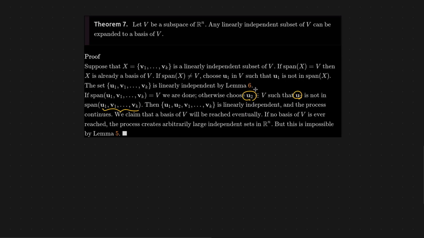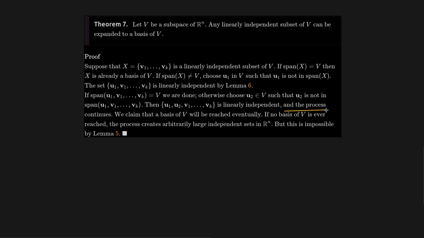Again, we know it exists if the span's not equal to V. That means there's something in V that's not in the span. So pick one of those things. Doesn't matter which one. Again, we add that to our existing set. That just makes our set larger. Now we have an even larger linearly independent set of vectors that live in V.